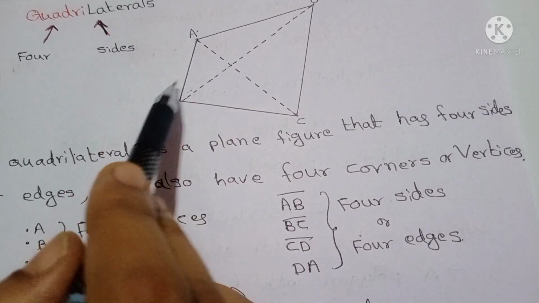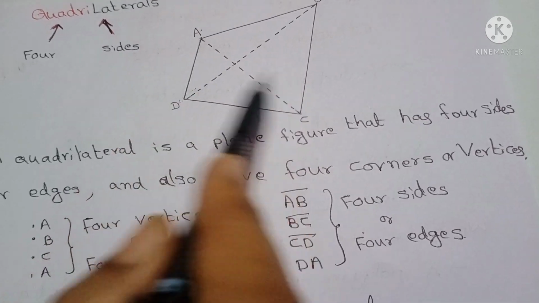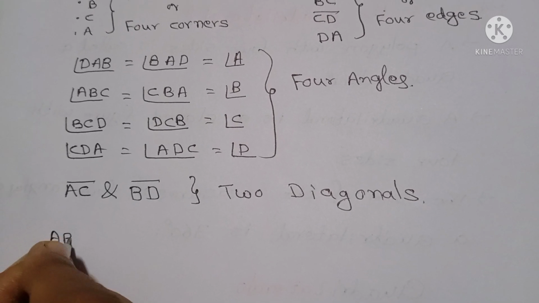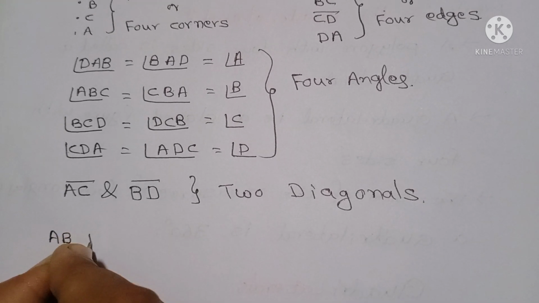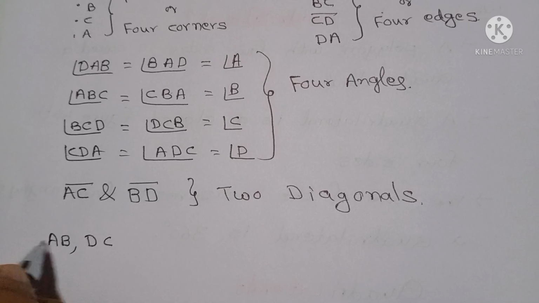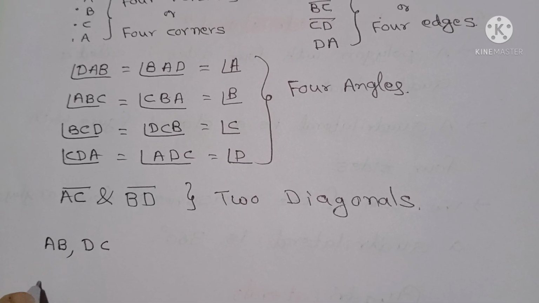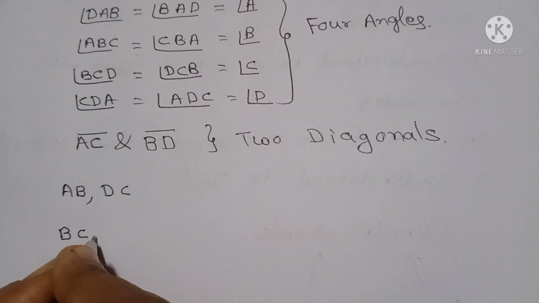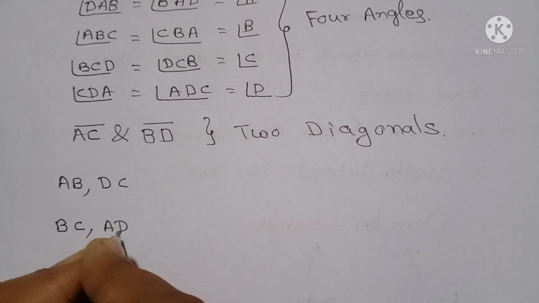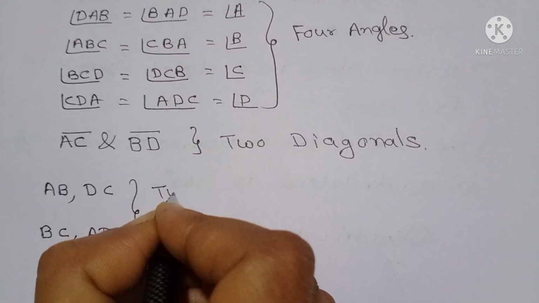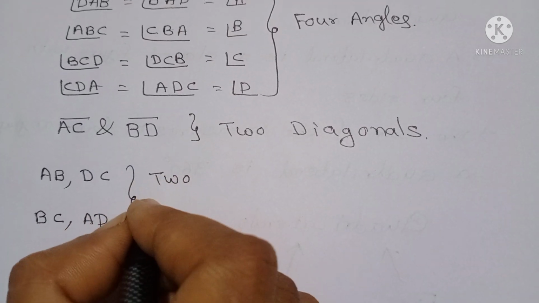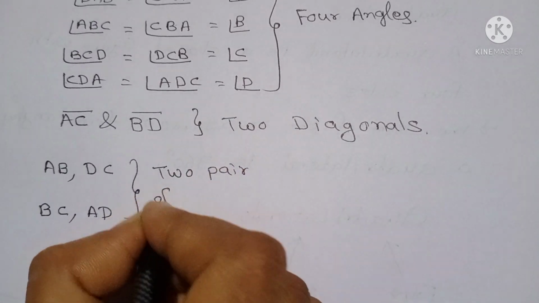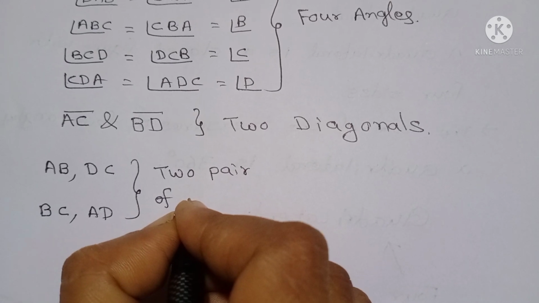BC, AD is one more pair of opposite sides. So there are 2 pairs of opposite sides.